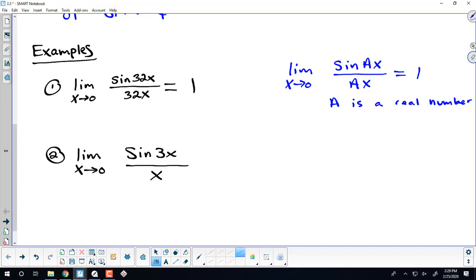But if we're trying to fit this directly with that limit that we boxed above, again, the argument of sine 3x and the thing on the denominator have to be the same before we apply that limit. So we can't just simply multiply the denominator by 3 without also multiplying the numerator by 3. So that's what we're going to do here. Multiply the denominator by 3 and the numerator by 3.